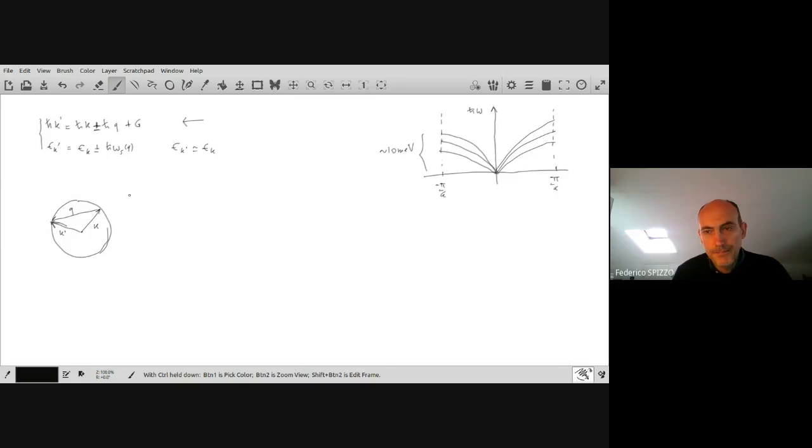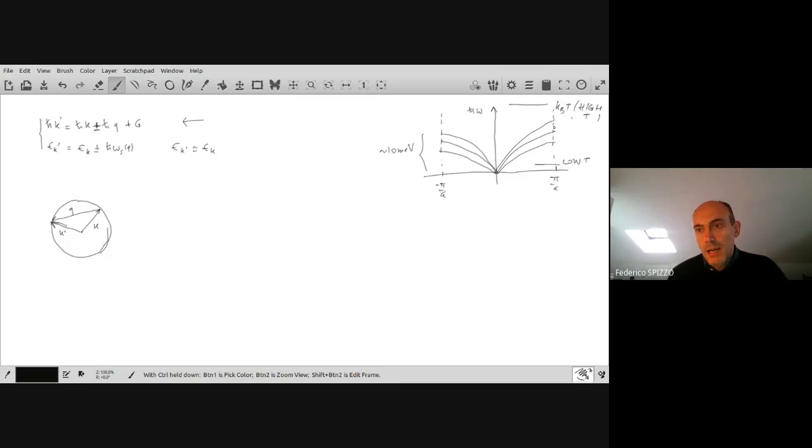When T is large on the phonon scale, the thermal energy is up here, higher with respect to the typical phonon energies, and low T will be, again, the situation where the thermal energy is lower and lower with respect to the maximum phonon energy.